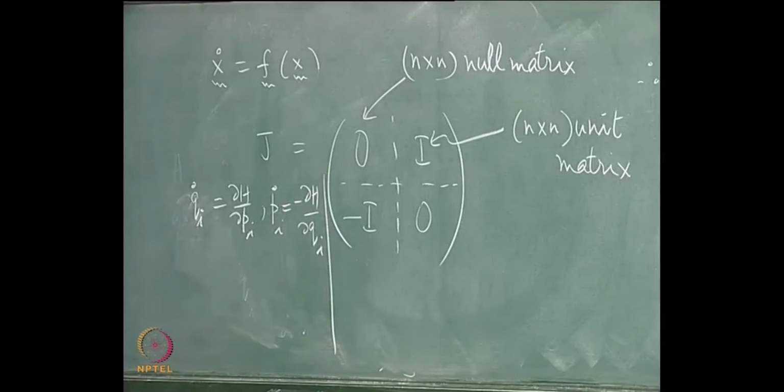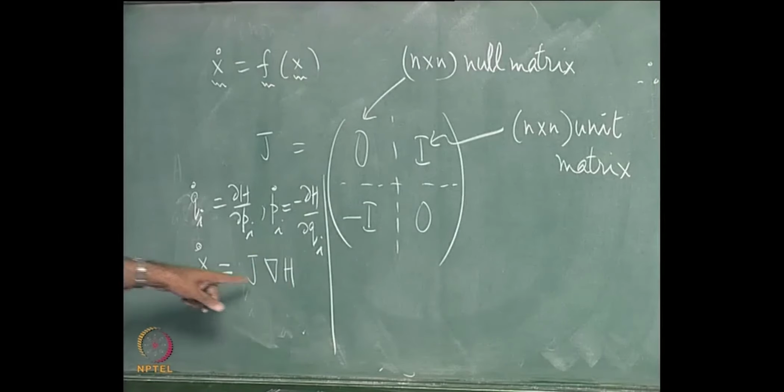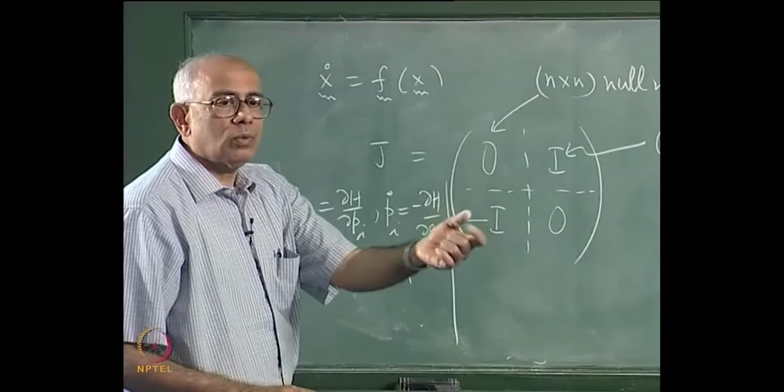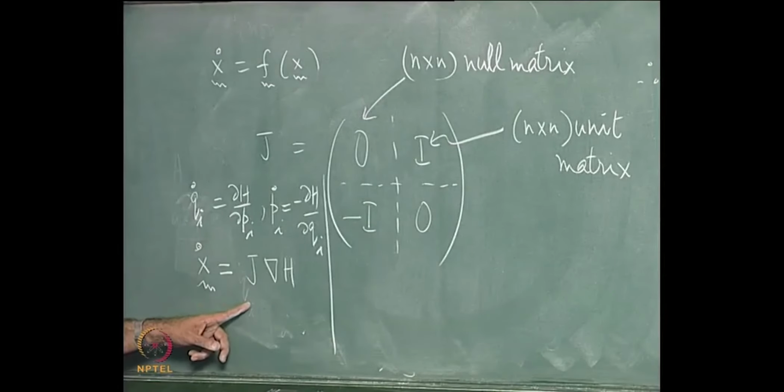This set of equations can be written almost in gradient form, x dot is equal to J times the gradient of H, where by the gradient I mean a 2n component differential operator with components delta over delta q1 up to delta over delta qn, and then delta over delta p1 up to pn. And once I put this matrix J here, then it is nothing but the gradient.